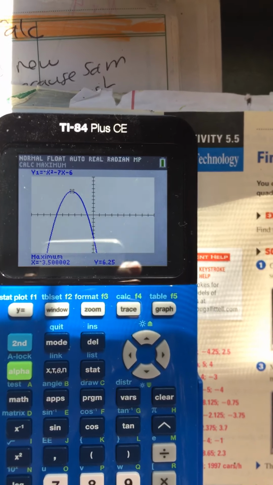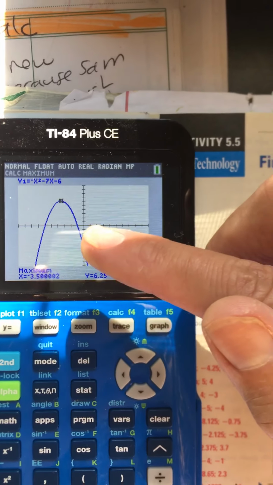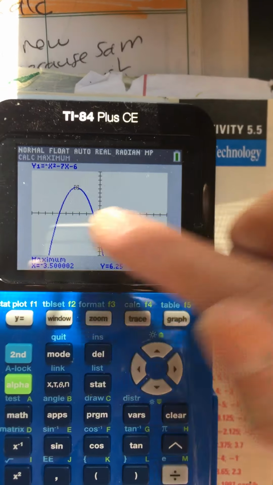The other thing I wanted to show you is there's another way you could do this, by not just looking at the graph, which I think is a great way. Another thing you can do is look at the table. See how the second of graph is table?